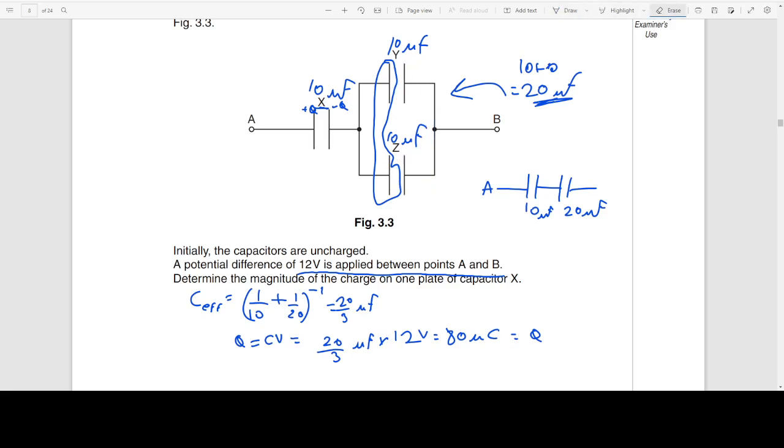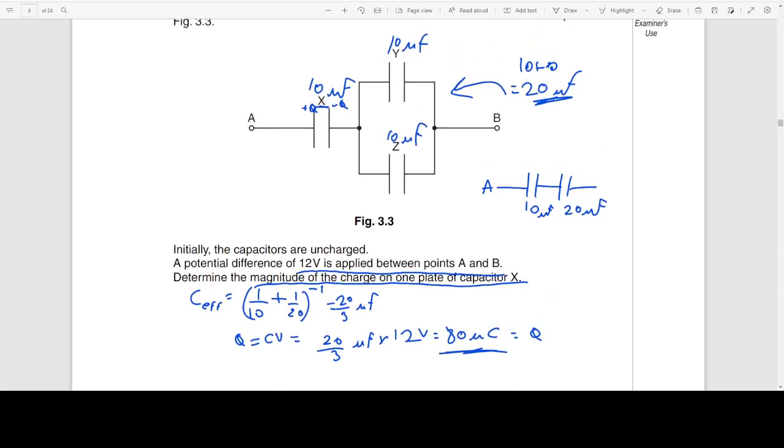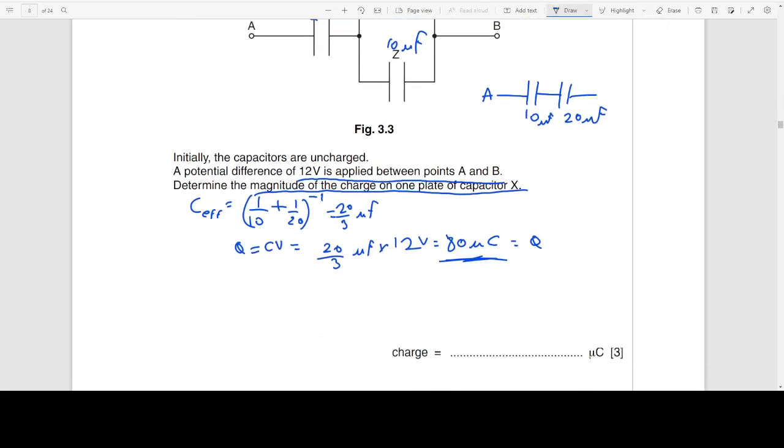So that is why plus Q is what the positive plate of X gets. We just want to calculate the magnitude of charge on one plate, so that's just going to be 80 microcoulombs. I hope you get it, guys. Just to revise, each capacitor in series takes the entire charge, which is Q. So 80. That's why we use the total potential difference in the circuit.